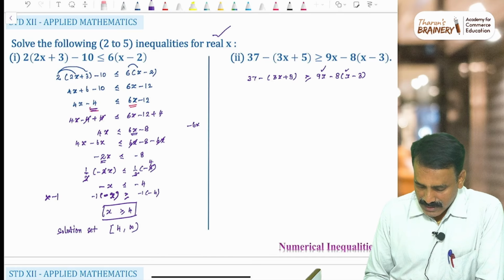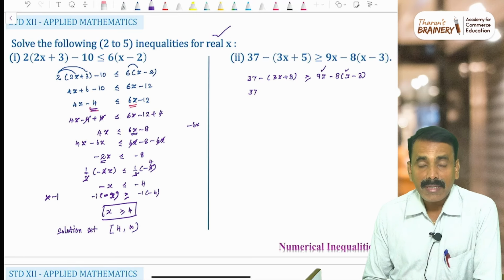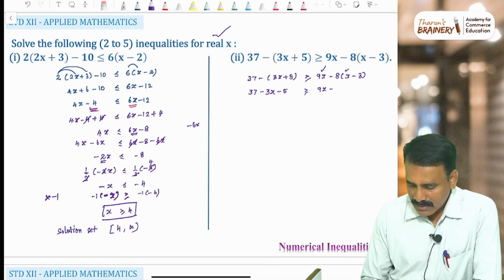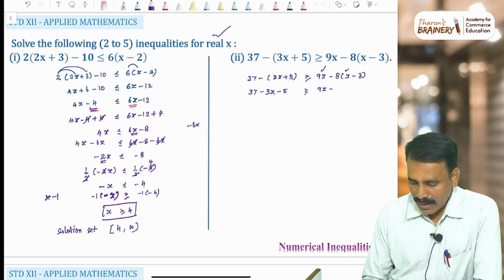How to simplify the left hand side? 37, we take this minus inside. So, minus 3x minus into plus minus 5 greater than or equal to 9x will be kept as such. Multiply this minus 8 inside, minus 8 into x is minus 8x, minus 8 into minus 3 will be plus 3.